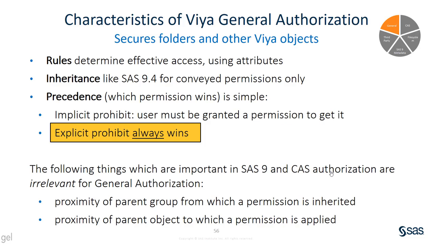If you prohibit access to an object, then wherever there's a prohibit, anywhere in the inheritance path, the group inheritance path or the folder inheritance path, an explicit prohibit always wins. So a prohibit is a really, really powerful thing in Viya because it's always going to trump any grant, either the implicit grant or an explicit grant. So that's something you need to be aware of when you're creating your security models and implementing your security. Prohibit is very powerful.